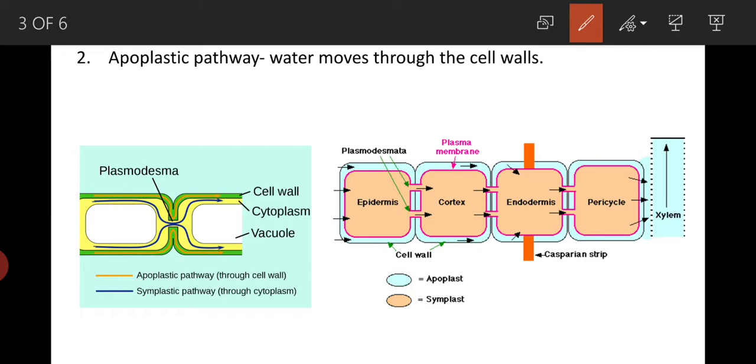Here we have small openings or gaps between two cell walls of the plant cells, through which water moves from one cell to the other until it enters the xylem vessel. Also, you can see in the first picture, in blue, the movement of water through the cytoplasm or through the plasmodesmata.